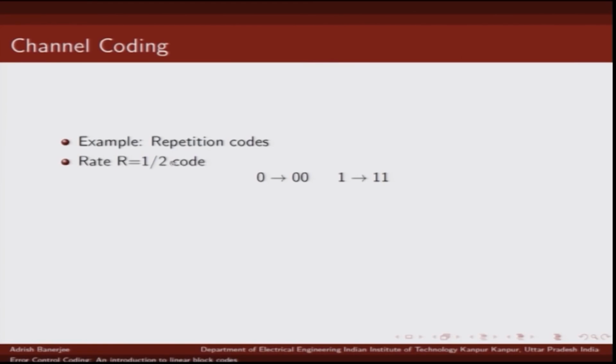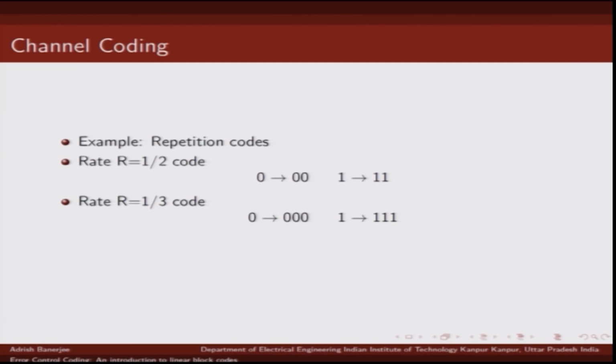So, a binary rate half repetition code would look something like this. For 0 we would be transmitting 0 0, and for 1 we would be transmitting 1 1. Similarly, for a rate 1/3 repetition code, for 0 we will be transmitting 0 0 0, and for 1 we will be transmitting 1 1 1.